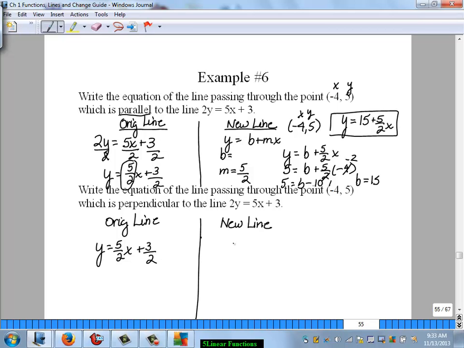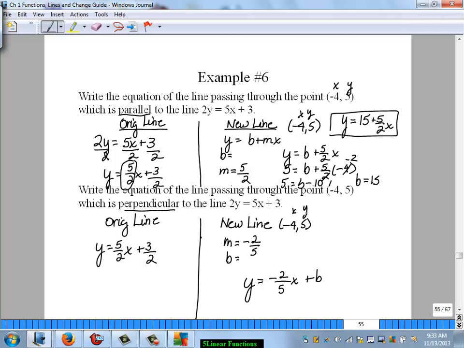Now my new line is going to have an m and a b, and it's still through the same point, negative 4, 5. However, this one is perpendicular, so I know the slope of my new one is negative 2/5. So I say y equals negative 2/5 x plus b.